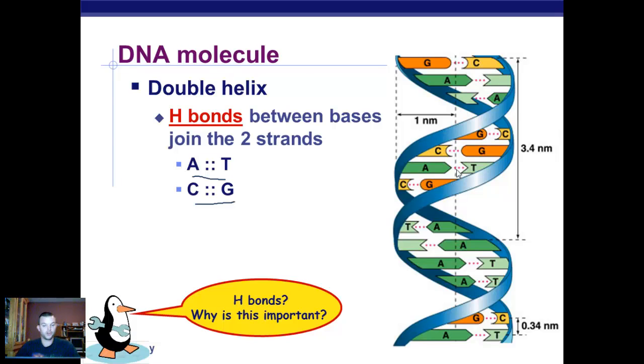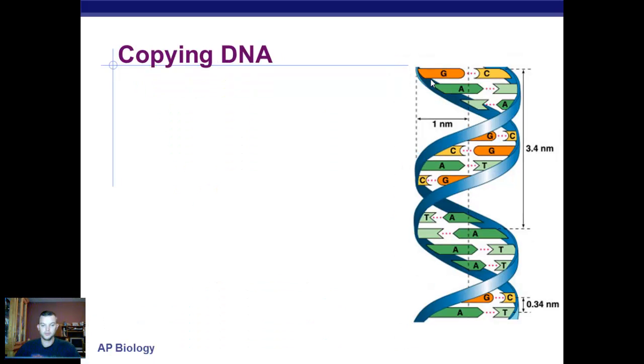Well, we talked about in the past, you needed this to be able to unzip for DNA replication to occur. You need this to be able to unzip in order for transcription to occur so that you can make RNA that can then be sent to the ribosome and used to form a protein. So there are two pretty important reasons why we want these bases to be held together by a hydrogen bond. It makes it a lot easier for us to unzip and unwind the DNA.